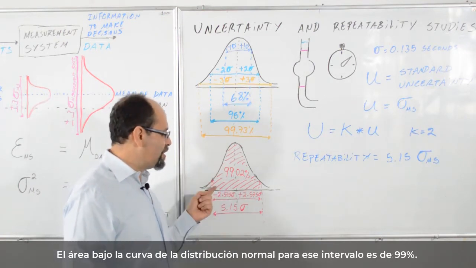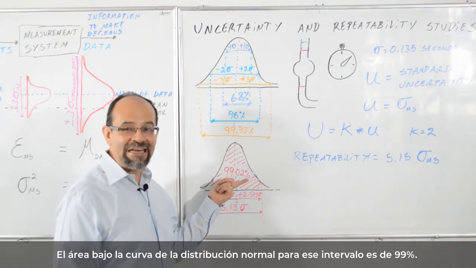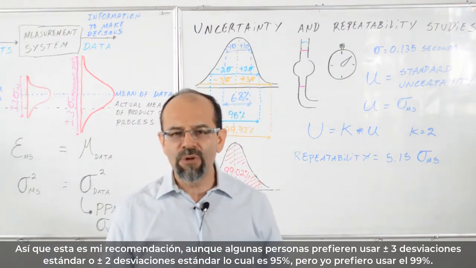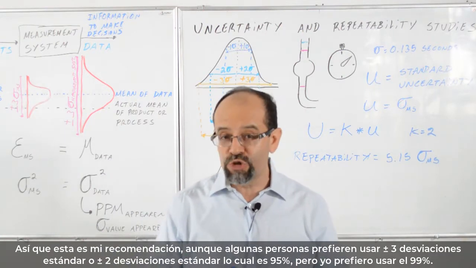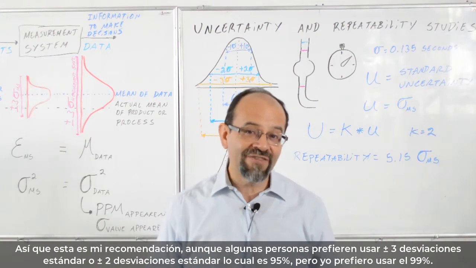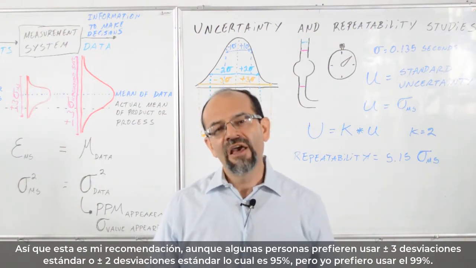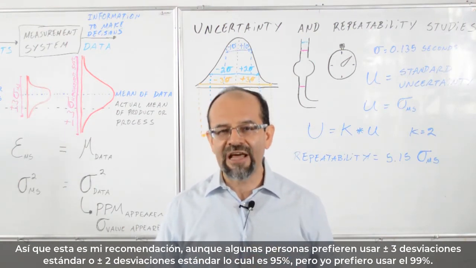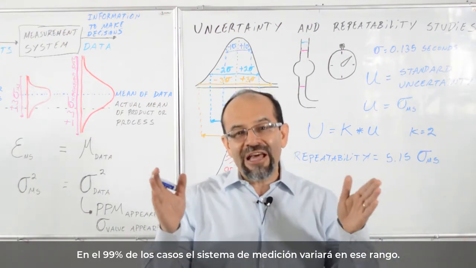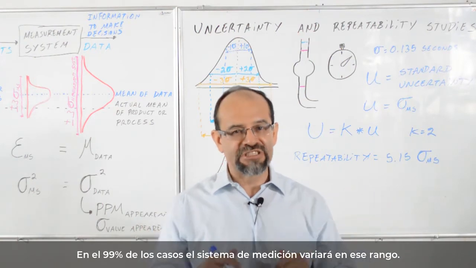The area for the normal distribution is 99%. So that's my recommendation. Of course, some people prefer to use plus minus 3 standard deviations, some others prefer to use plus minus 2 standard deviations, which is 95%. I prefer to use 99%. And that 99% will be the total variability because of the measurement system.